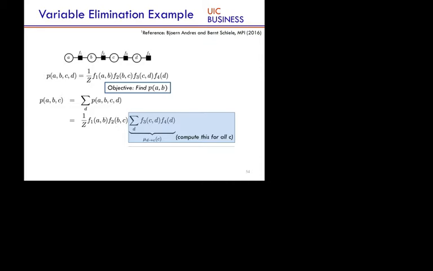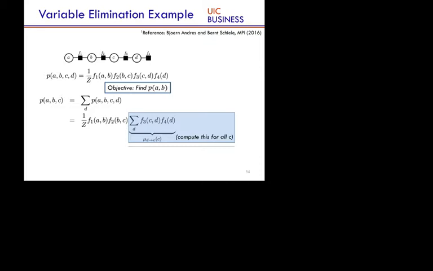So I have this joint and I need to sum over d, and I can see that if I substitute my factorization, these 2 factors don't involve d, right? So I just push the summation over d inside and only retain terms which involve d. And we're going to compute this for all realizations of c.